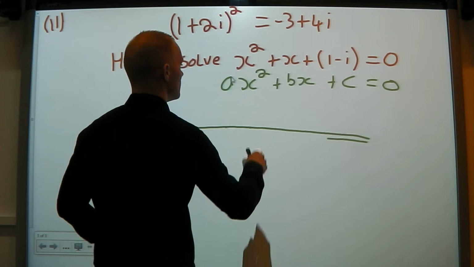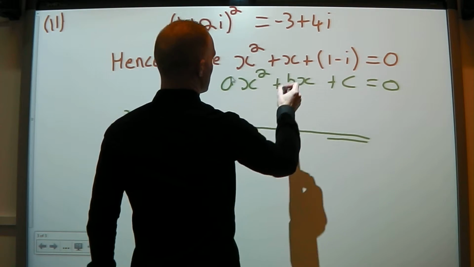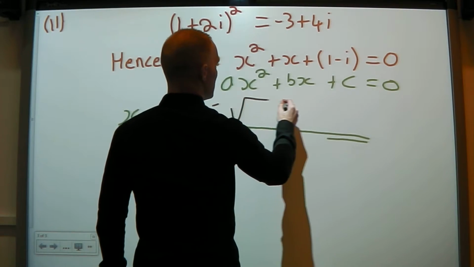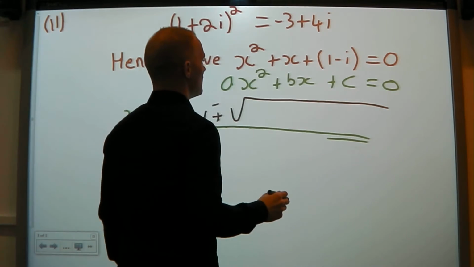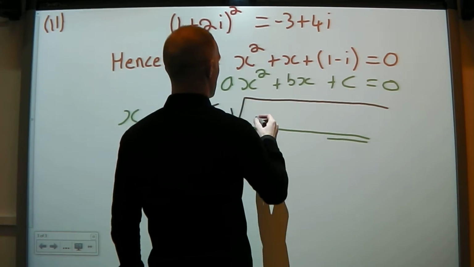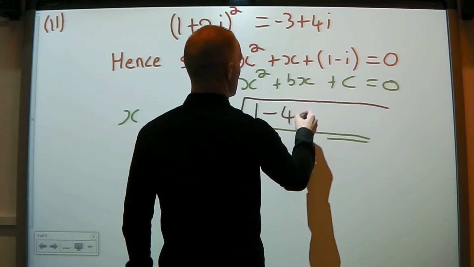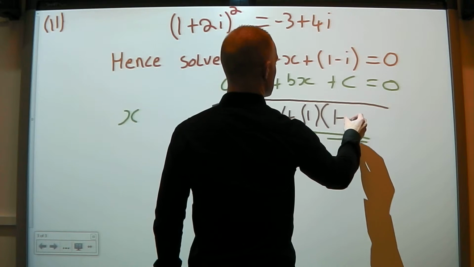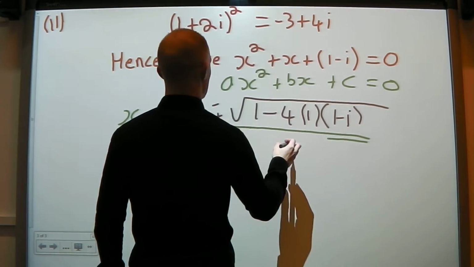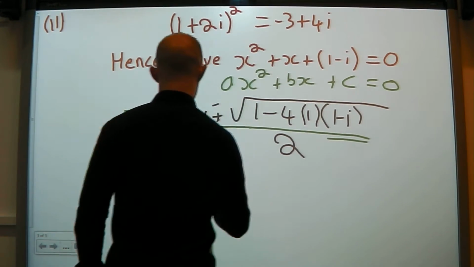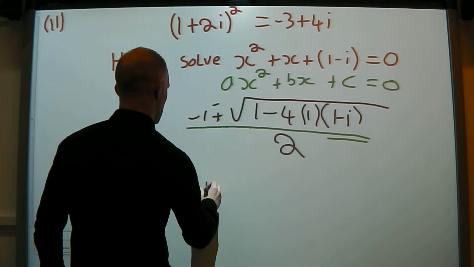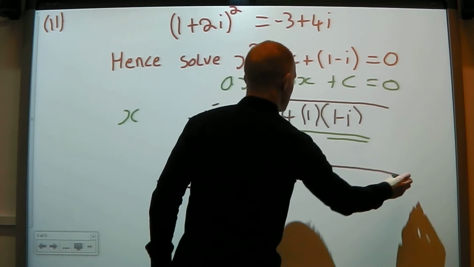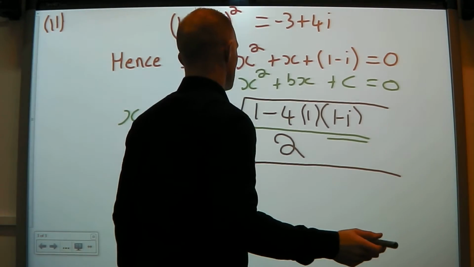So we'll just write that down here. x is equal to minus b, which is minus 1, plus or minus the square root of b squared minus 4ac. And b squared is 1, minus 4 times a, which is also 1, and c is 1 minus i, all over 2a, which is 2. So that is equal to minus 1 plus or minus the square root of, and we should be looking at something similar to the hint we're given in the question here.